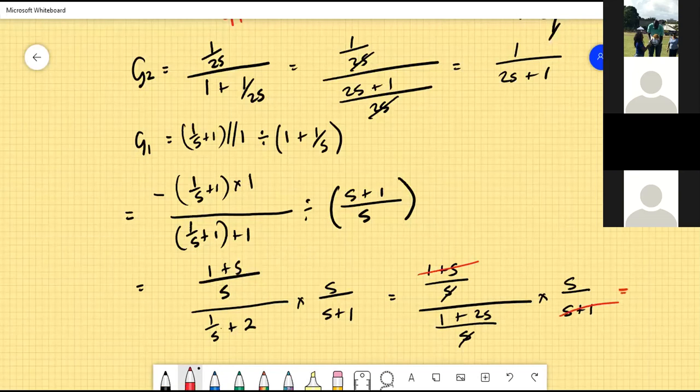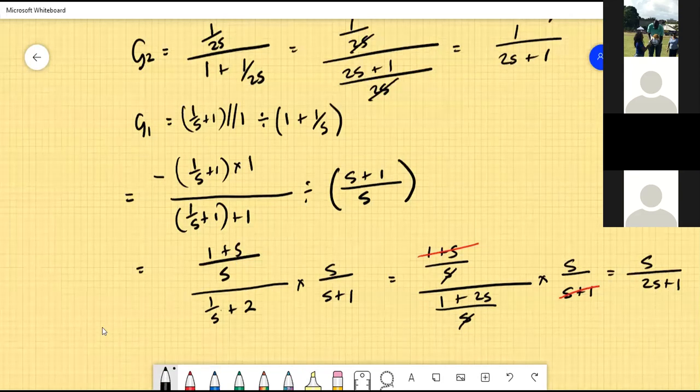So that is equal to s over 2s plus 1, with a minus.